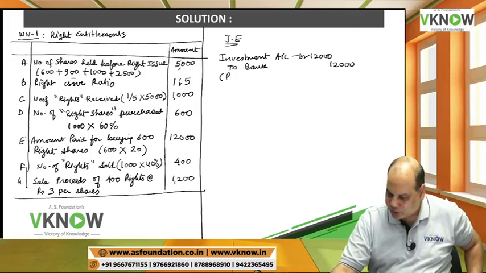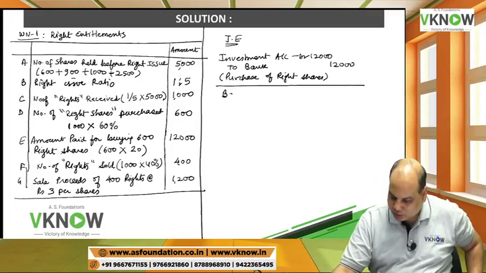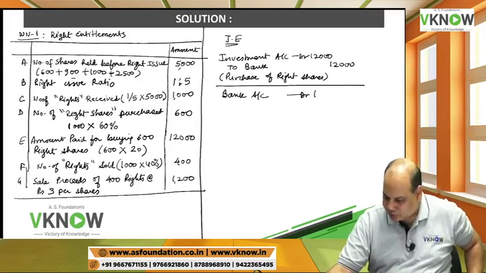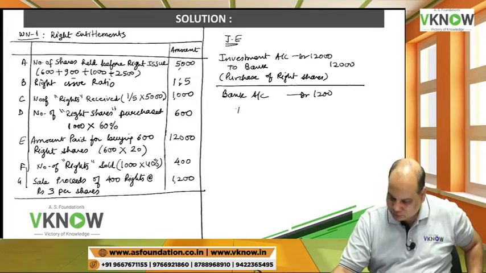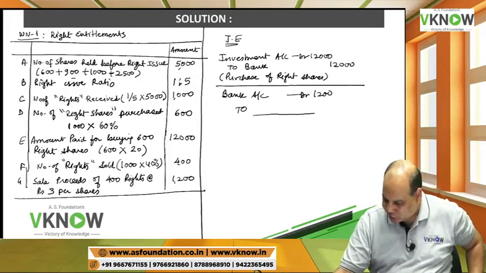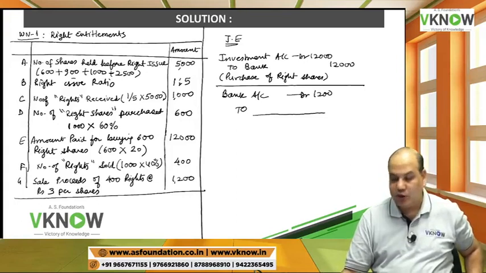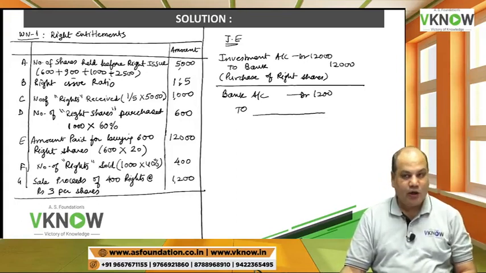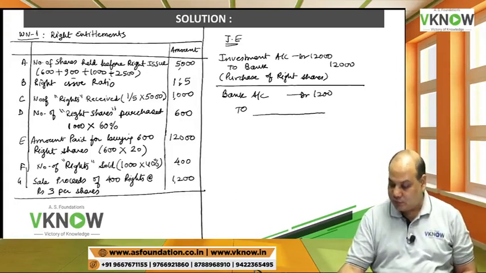This is for purchase of right shares. And the second entry is bank account debit 1200 to, now the student will answer, sale of right.